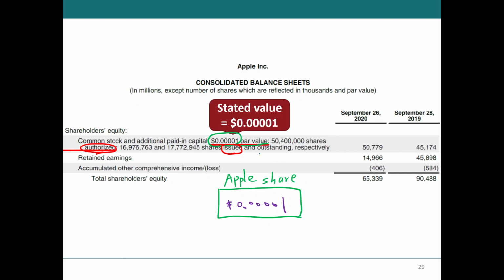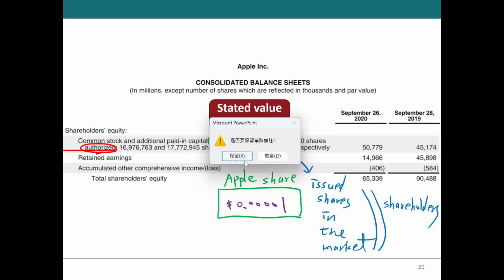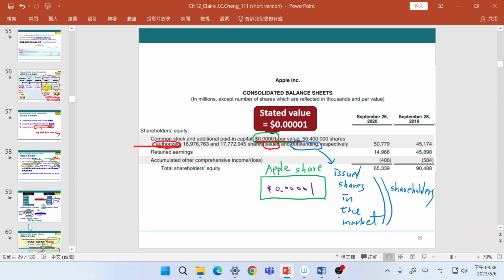So they are your shareholders, because shareholders keep the shares. Any questions? So right now you know what each term means, including treasury shares, 库藏股.